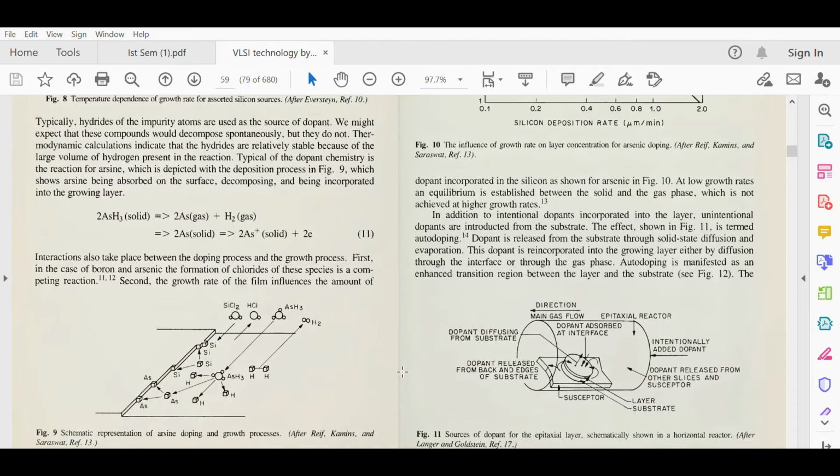If the p-type substrate is there, then some of the dopants from that p-type substrate come into the picture, or some of the dopants from the n-type substrate come into the picture. We know how a p-type semiconductor is formed, just by doping trivalent dopants, and pentavalent dopants are used for the n-type semiconductor.